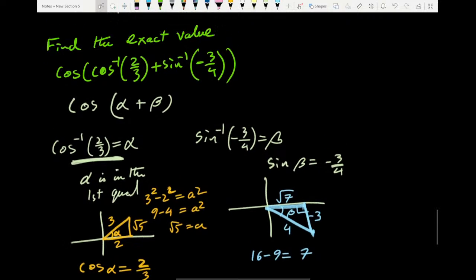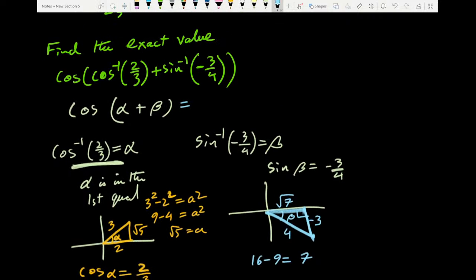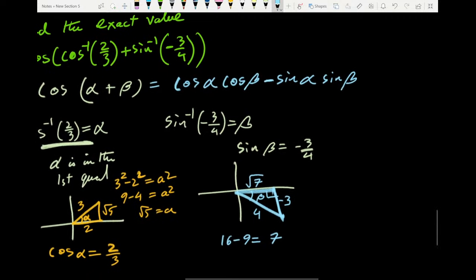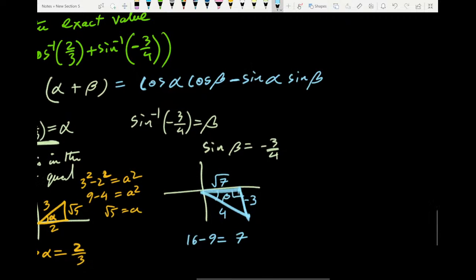Now we could do this problem easily. So if I expand this out, cosine of alpha, cosine of beta, minus sine of alpha times sine of beta. And we could use this triangle to figure this out.